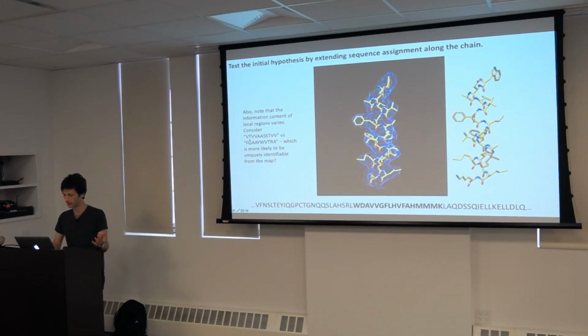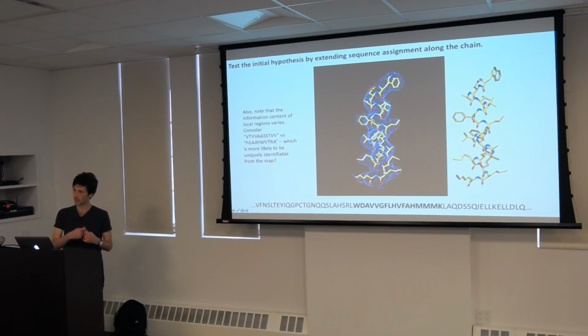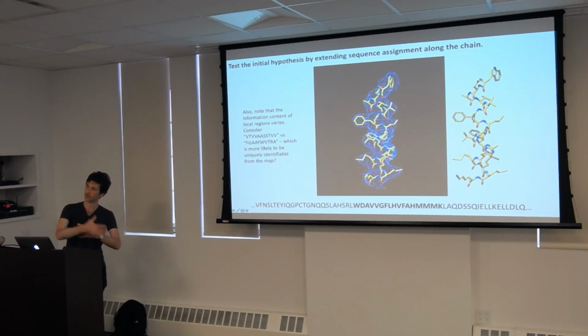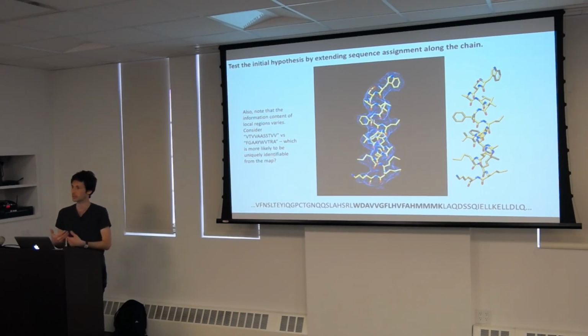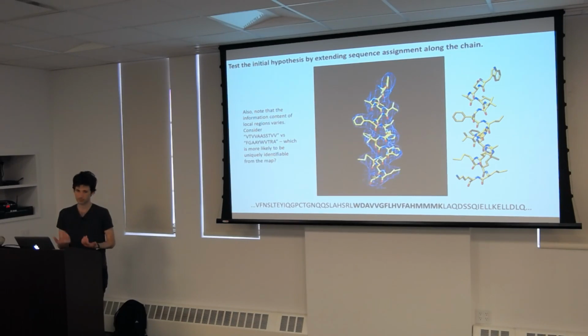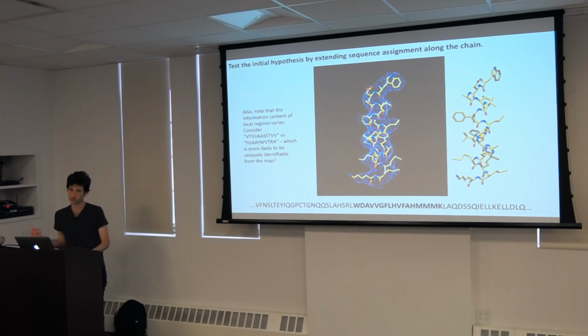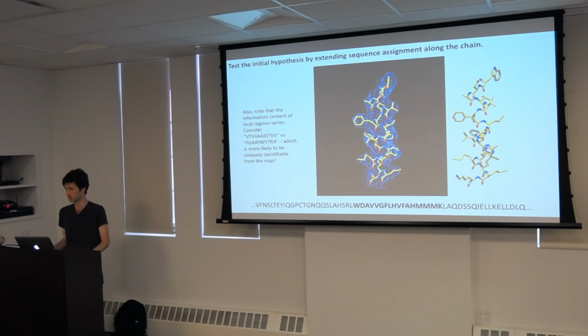V is going to look the same as T, which is going to look the same as V, etc. Whereas this one has unevenly spaced aromatic residues that can only fit one way in one direction. So some regions of sequence are going to be easier to fit than others. In broad strokes, repetitive strings of small to medium residues are really tricky, and repetitive sequences in general are really tricky.